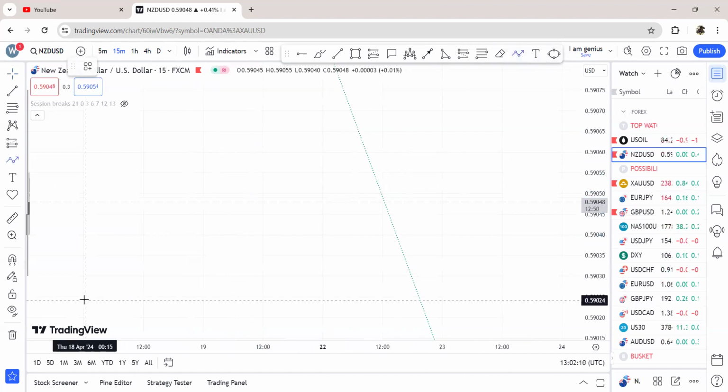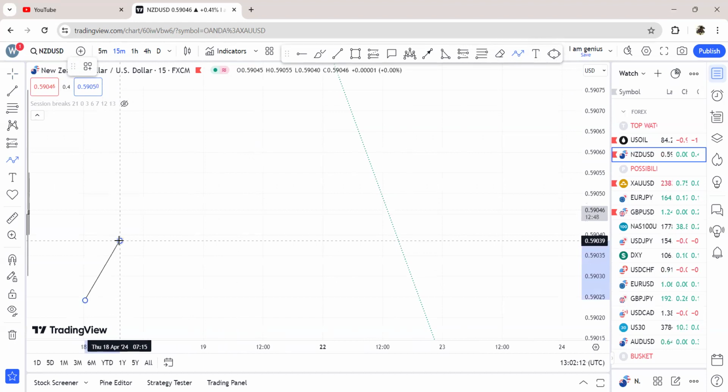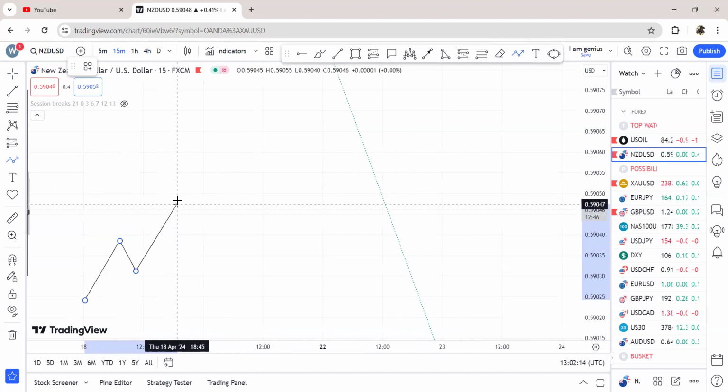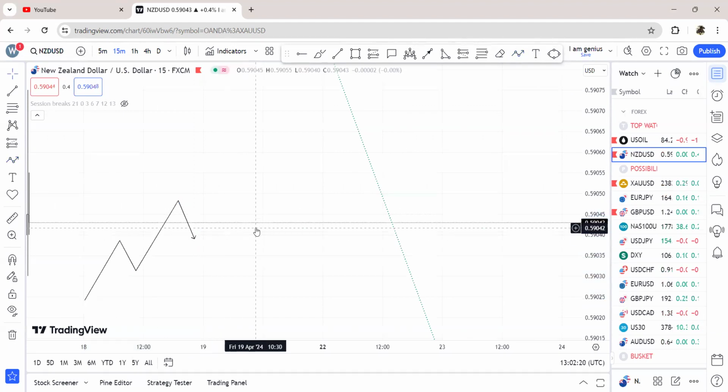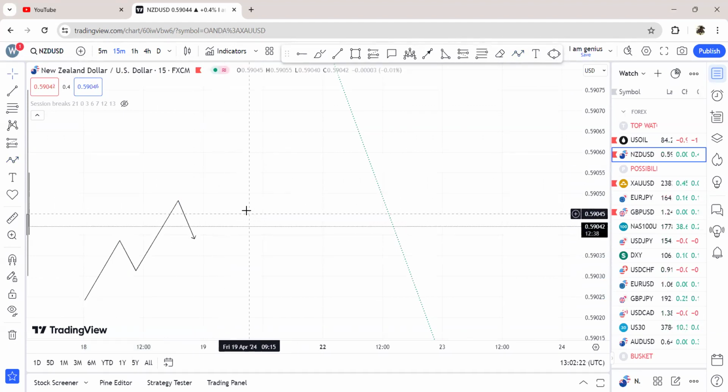Let's say the market has just started going up. I've checked my higher time frames, and it showed me that it's in an uptrend. Then I go to a lower time frame, and I find that there is this.